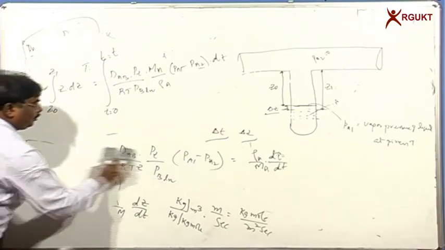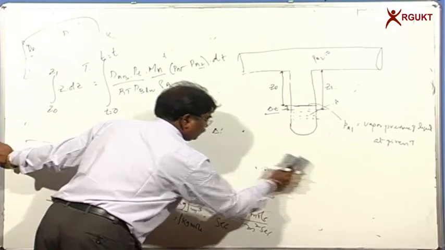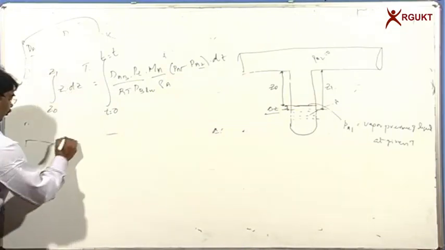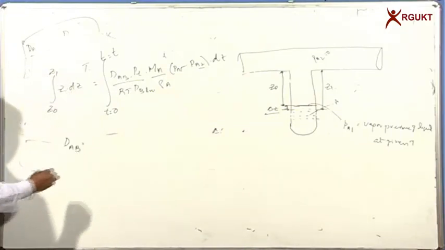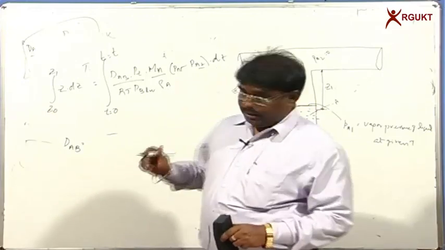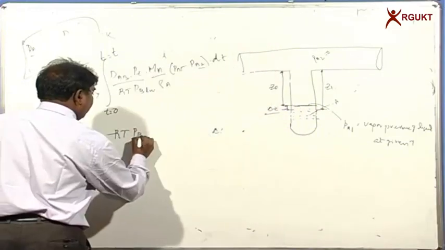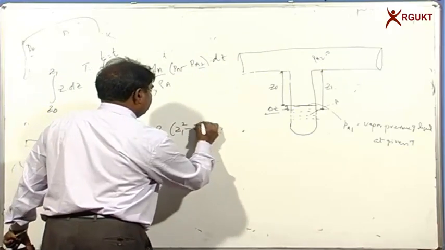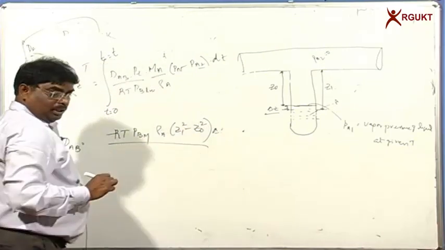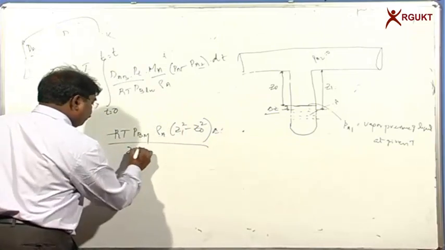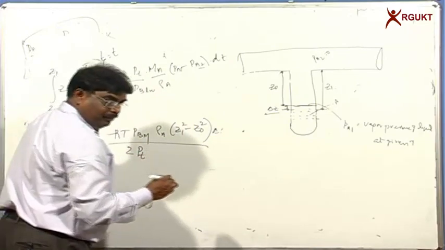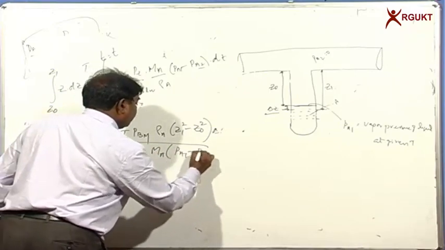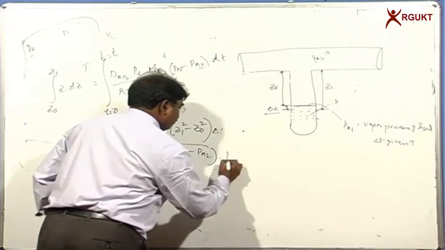Integrating this and bringing DAB to one side, we get DAB is equal to RT PBM rho A into Z1 square minus Z0 square, divided by 2 into PT into MA into Pa1 minus Pa2 multiplied by t.